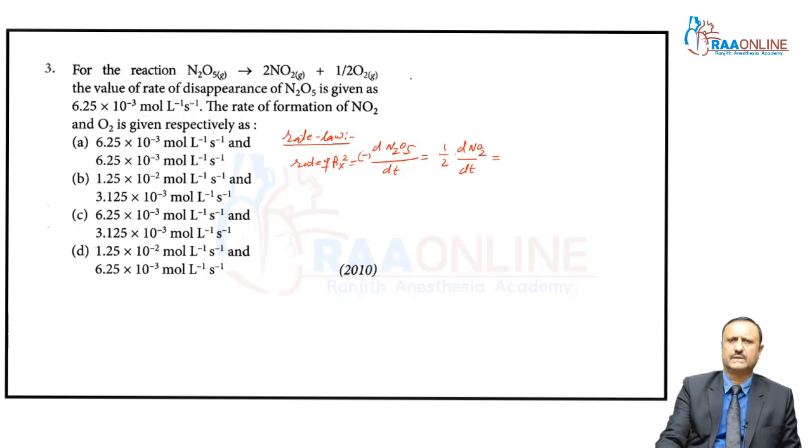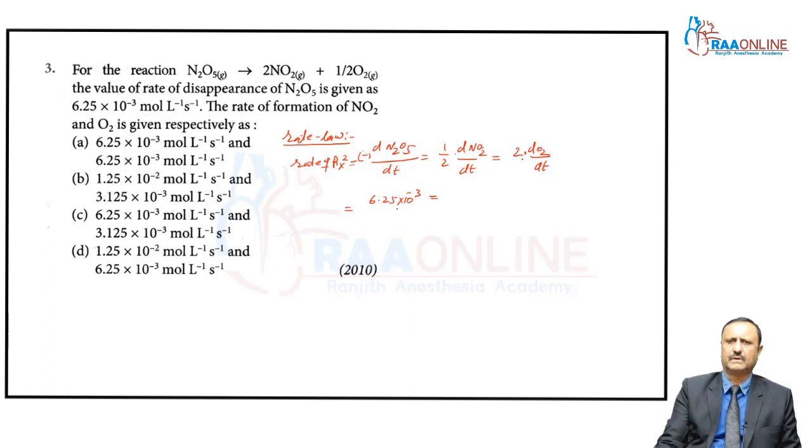Now, here you can see the half of d[O2]/dt. Half of d[O2]/dt means it is 2 d[O2]/dt. So here my dear students, you can see the value of the rate of disappearance of N2O5 is this one, that is 6.25 into 10 to the power minus 3.